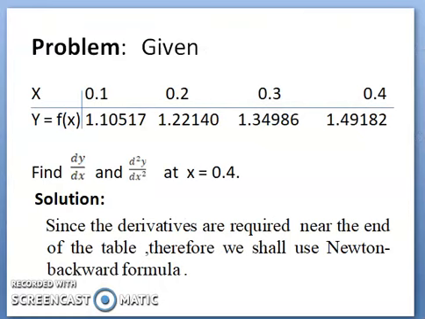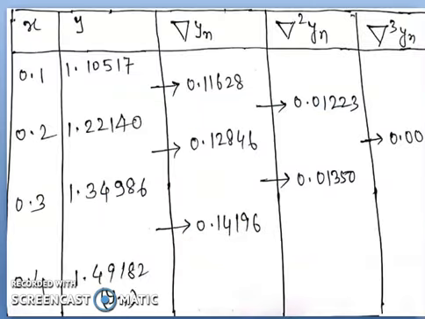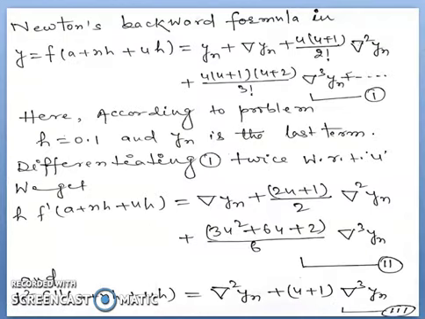So again I repeat all the things. This is the problem. First you derive the tabulation of Newton backward, then use the formula of Newton backward, and then differentiate twice with respect to u, and we get equation 2 and equation third.